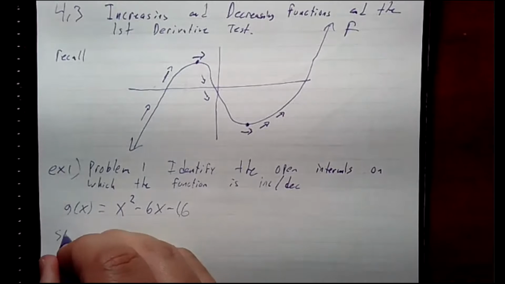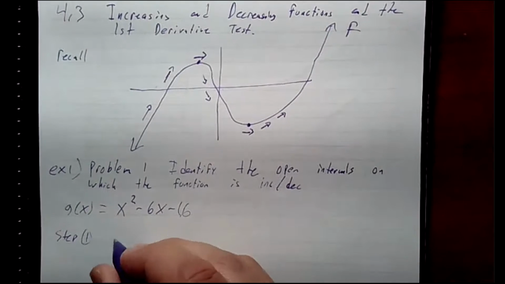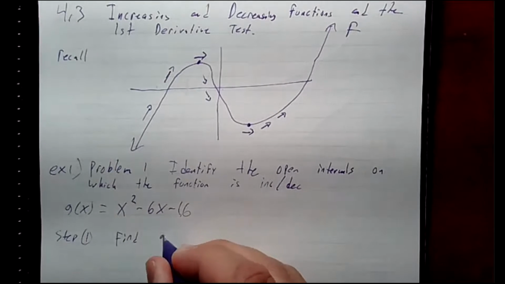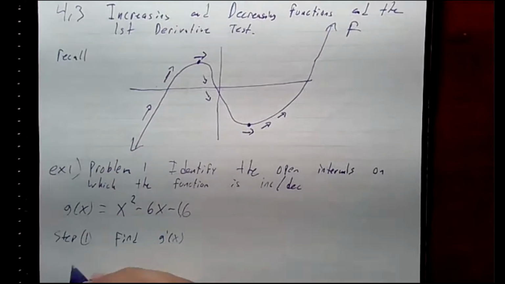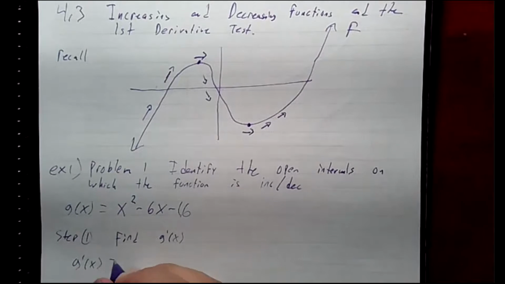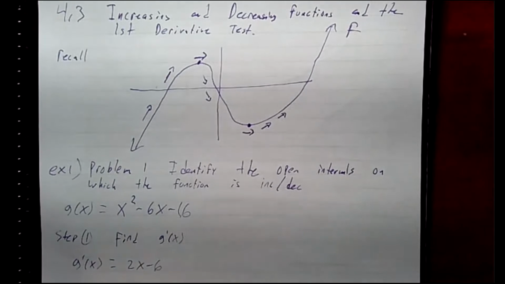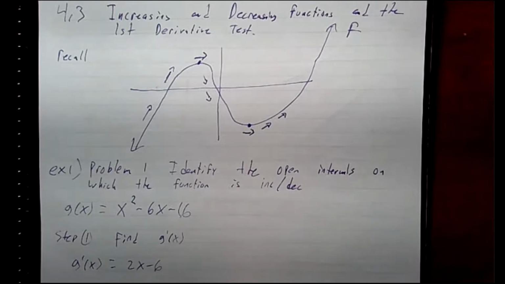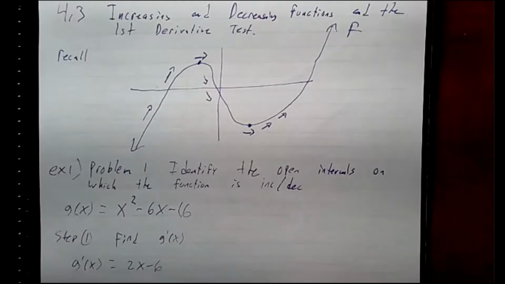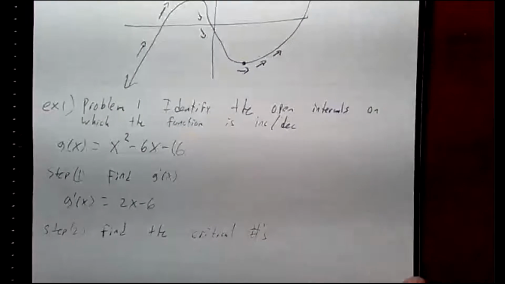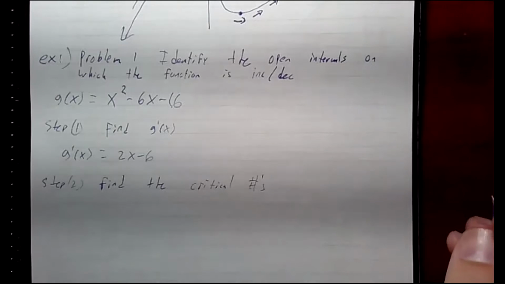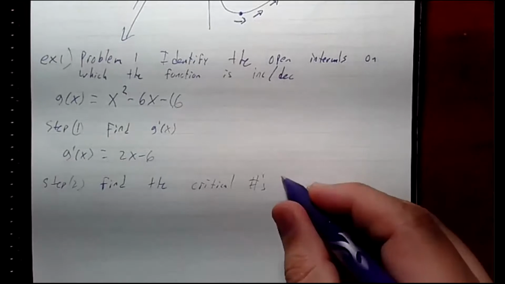So step 1, of course, is find the derivative. So G prime will be 2x minus 6. Step 2, find the critical numbers. So in this case, it would be just factoring out the 2, and so x minus 3.